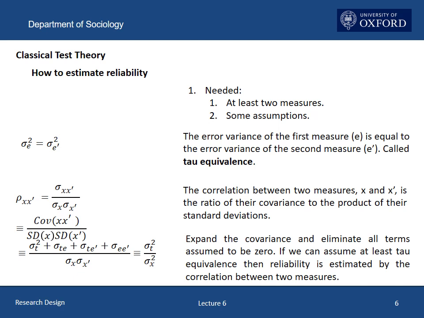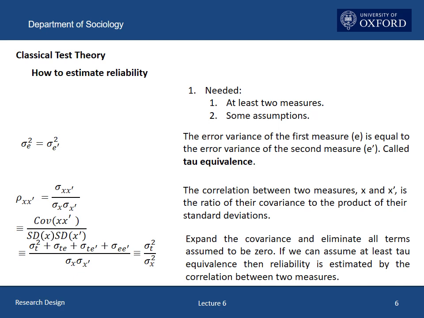It is a fact, ascertainable by consulting any introductory statistics text, that the correlation between any two measures can be defined as the ratio of their covariance to the product of their standard deviations. If we expand the covariance term in the numerator and then eliminate all of the terms that are assumed in our simple model to be equal to 0, then we can see that if our assumptions hold, the observed correlation is equivalent to our definition of reliability.